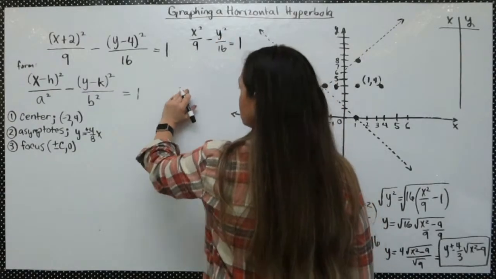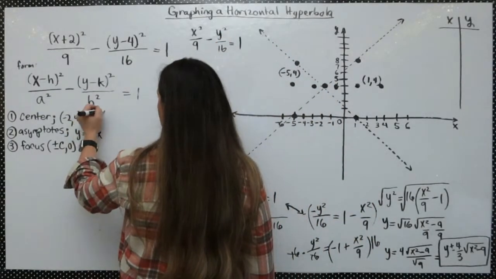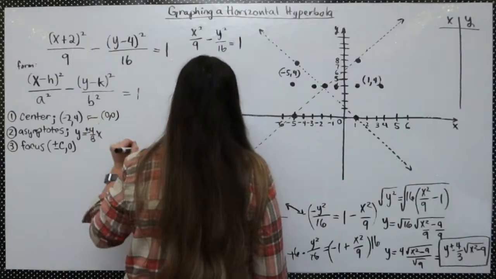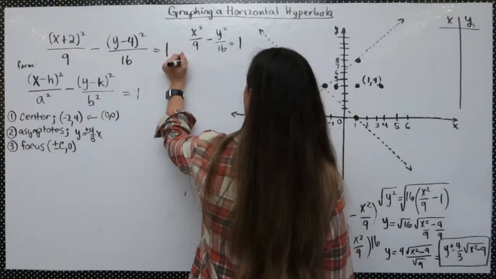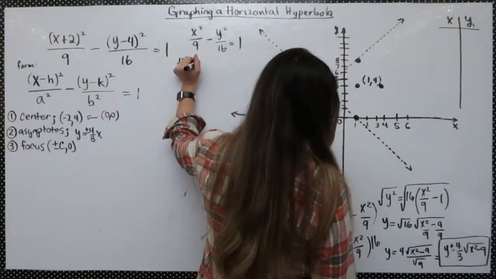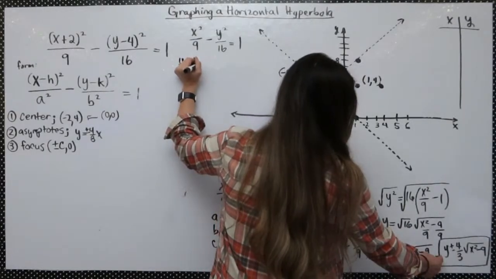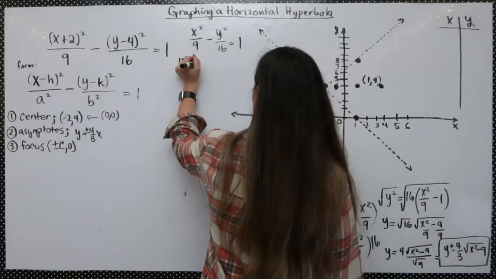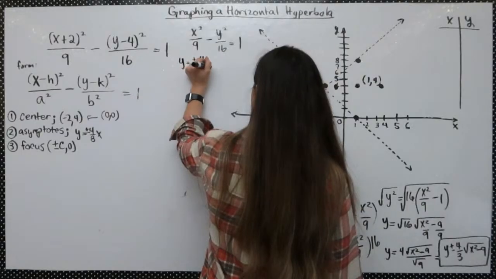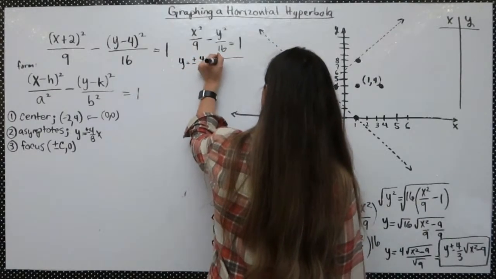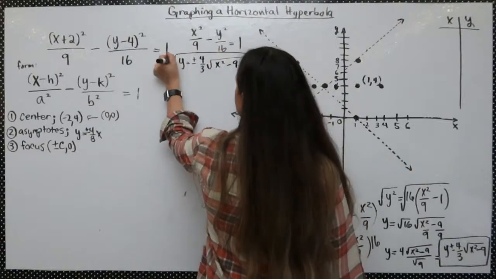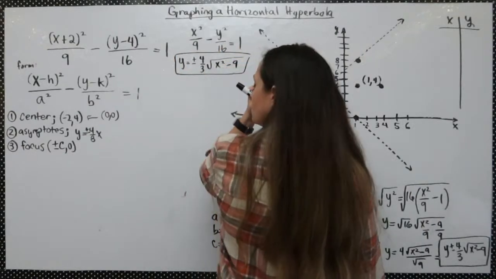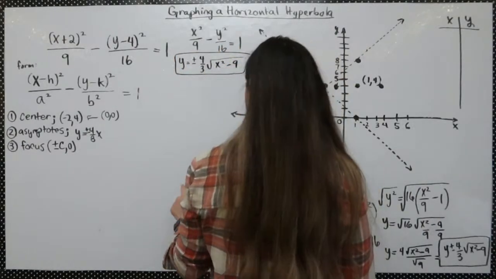And then I'm going to shift it from 0, 0. So I solved it for y equals plus or minus, right here, just rewriting this, 4/3 times the square root of x squared minus 9. And this is the value that I'm actually going to be evaluating for my table.